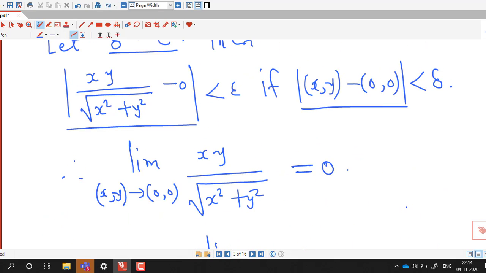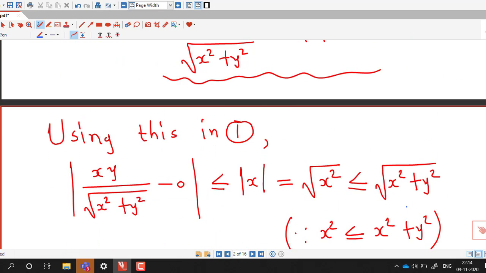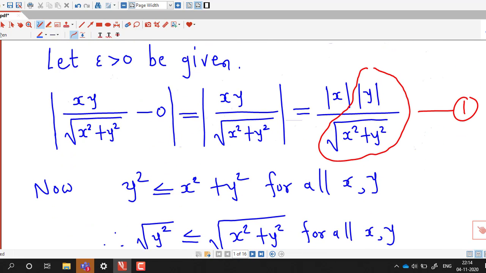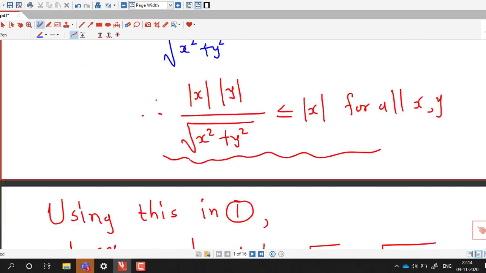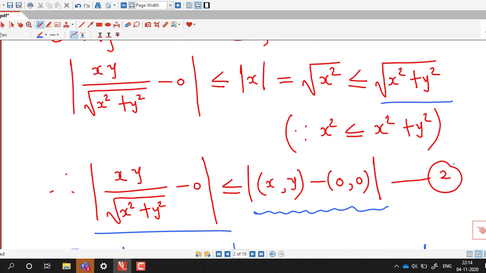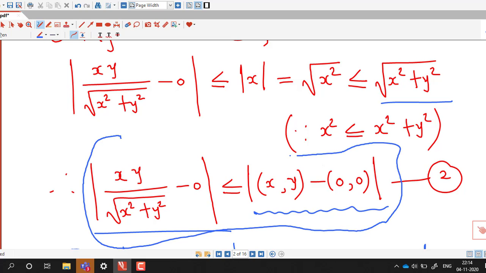So here ordered pair (a, b) is (0, 0) and capital L is 0. So we started from this distance and we showed that this distance is less than or equal to distance between (x, y) and 0. So we are able to establish that relationship between these two distances. So this suggests that we should take delta equal to epsilon.